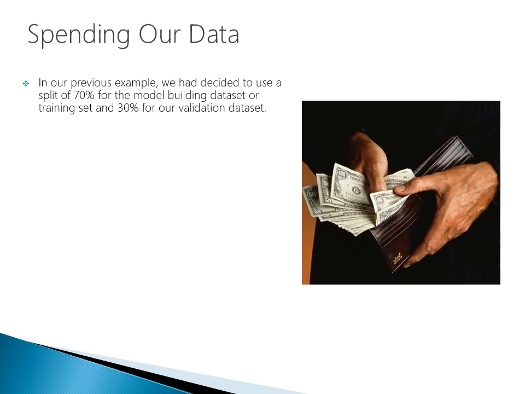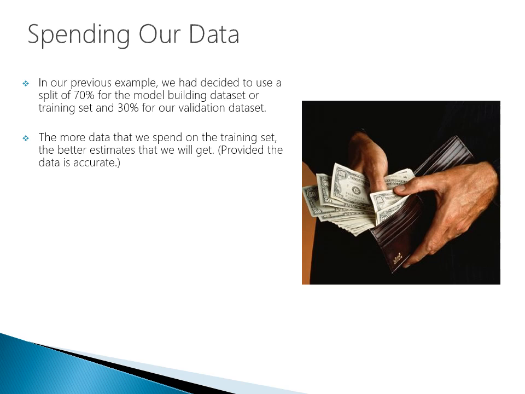In our previous example, we had decided to use a split of 70% for the model building and 30% for our validation set. Well, the more data that we spend on the training set, the better estimates that we'll get, provided that the data is accurate.